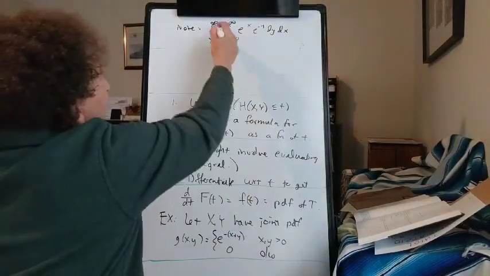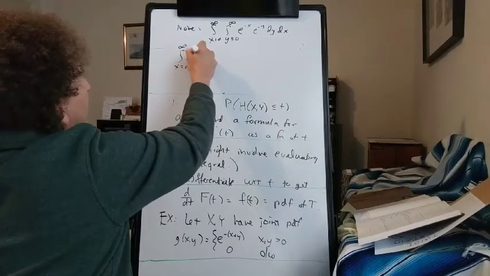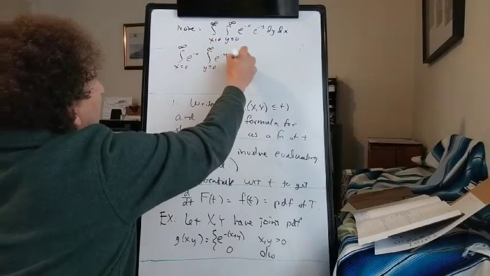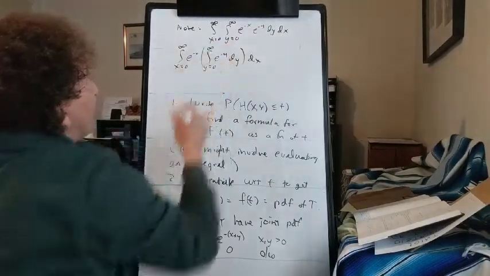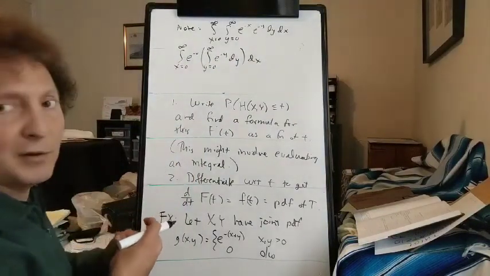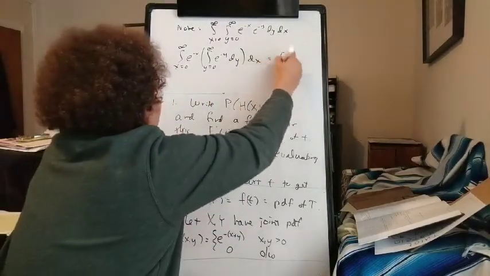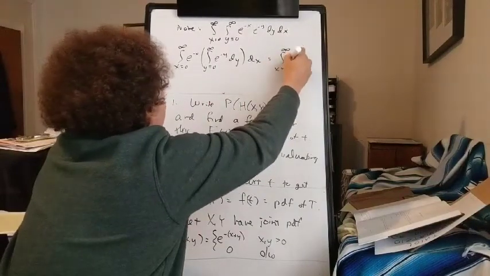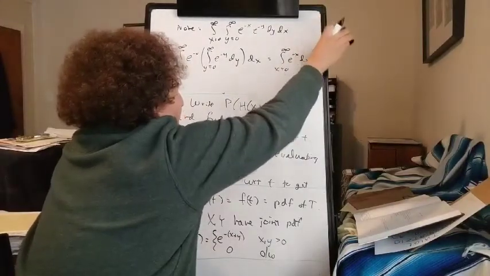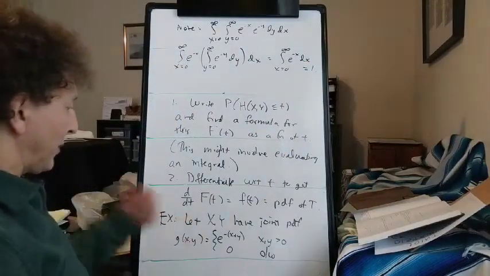Then we can pull the e to the minus x out of the inside integral. Then the inside integral is just the density function for a simple exponential probability density function with parameter 1. So that's 1. And we get the density function for another simple exponential random variable with parameter 1. And so that's just 1. Alright, so this is a probability density function.